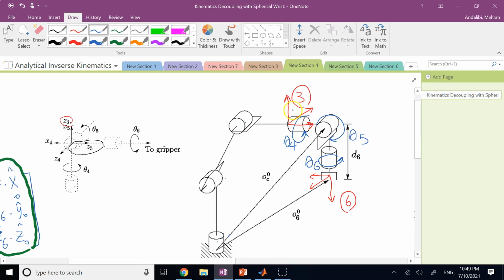Because it's 6 with respect to 3, not 6 with respect to 0. So that's just the angles of the end effector with respect to the first joint, basically, or the coordinate frame attached to the first joint. And that is clearly a function of theta 4, 5, and 6.